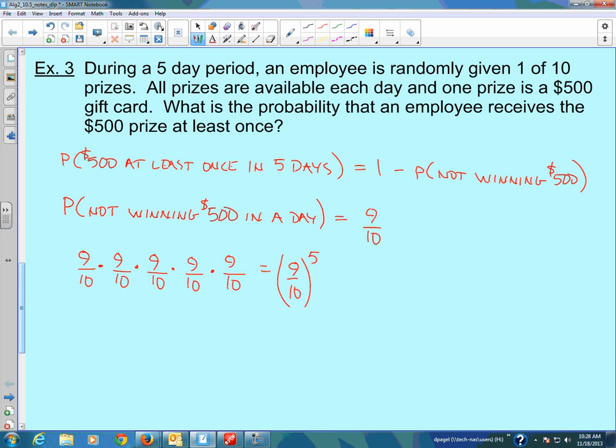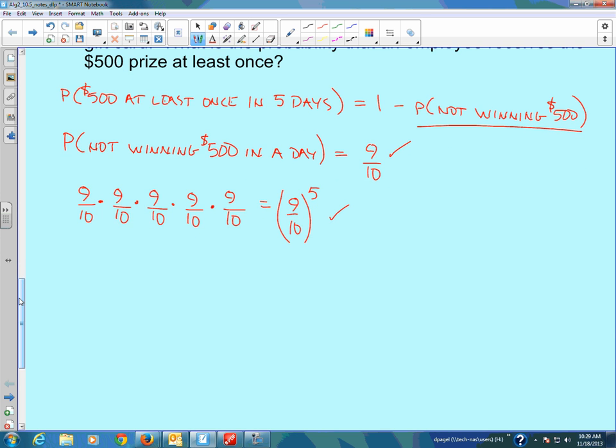So here, what's the probability of not winning that $500 prize on a given day? Here we see the probability of never winning the $500 prize, which is what we are after in this part of our complement. All right, so we can go ahead and finish.